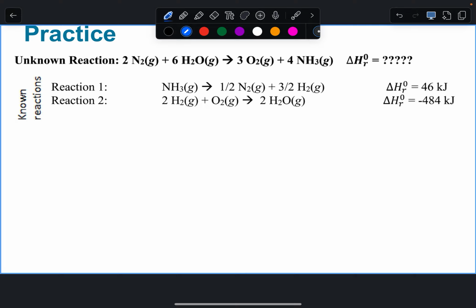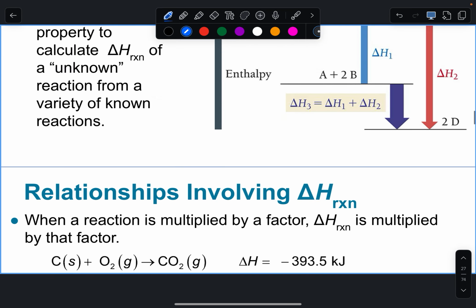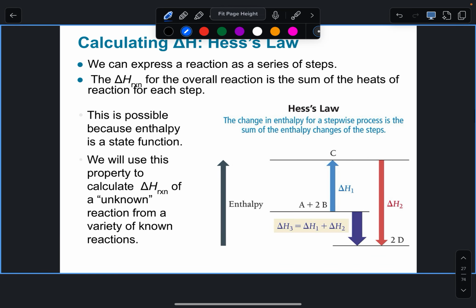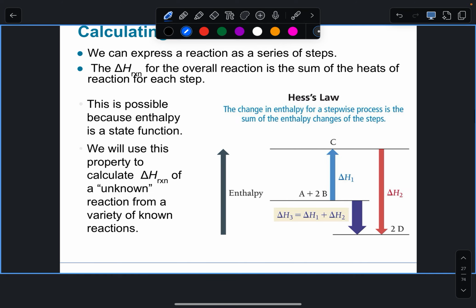So we want to make them look like 2 moles of N2 and 6 moles of H2O reacting. And the reason we can do that is because enthalpy is a state function. So we don't actually care if the steps we go through are really happening in the chemical reaction, as long as they get us to the final spot. As long as the starting spot is the same and the final spot is the same, we don't care how we get to that point.